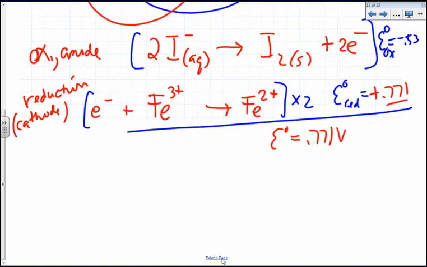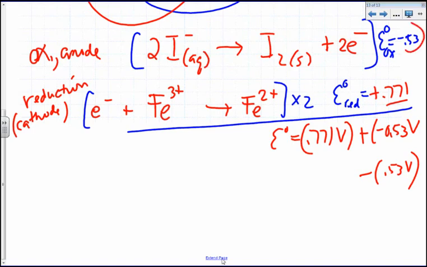So 0.771 volts plus negative 0.53 volts, or you can say minus 0.53 volts. You can say E reduction plus E oxidation, but remember, this is the negative of the reduction potential of the anode reaction.